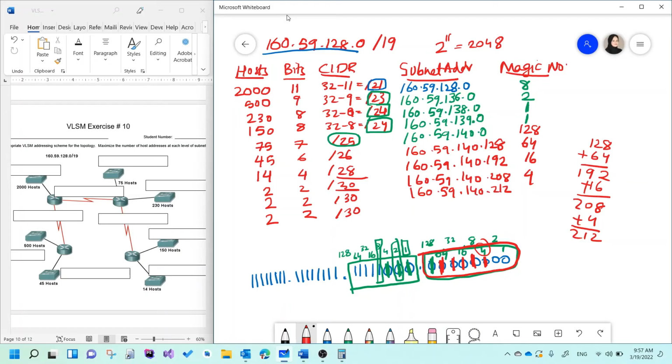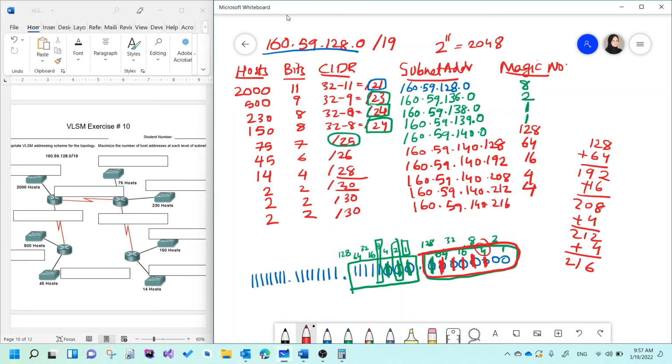Again, 30. That means the magic number will be the same. So 4, and then add 4 to 212. So this would be 216. Okay, so this will be 160, 59, 140, 216.